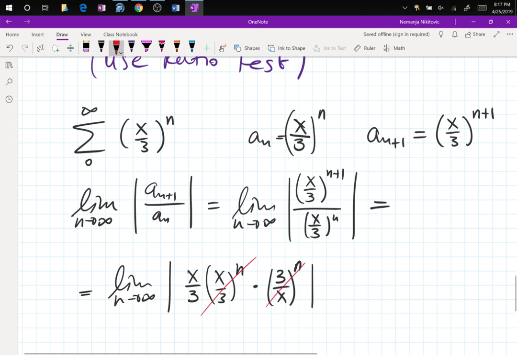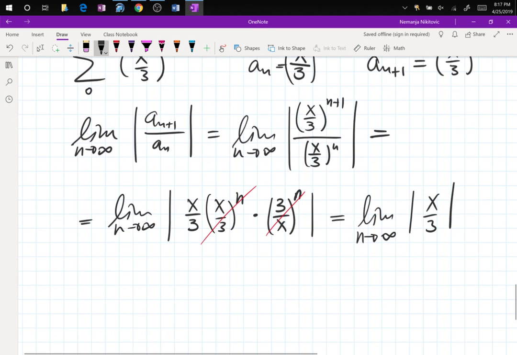These guys are going to cancel. And now the limit has nothing to operate on, because n goes to infinity, and all you have is x over 3 in absolute value. So the value is just absolute x over 3.